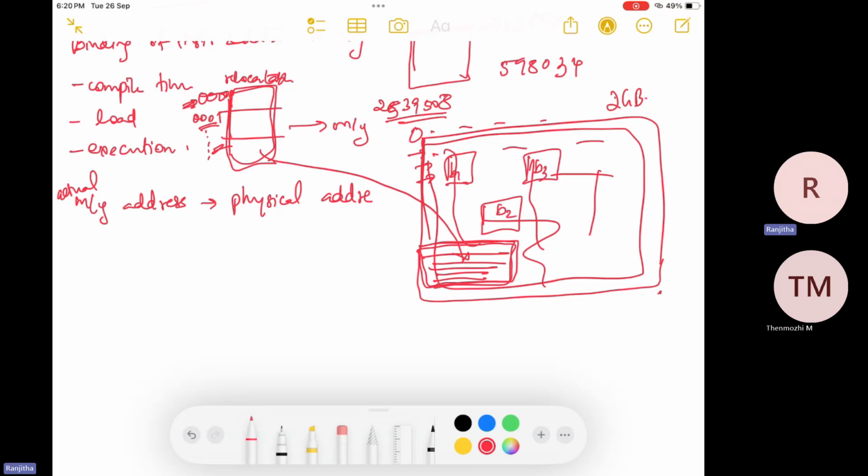Instead of having the whole program loaded onto a continuous memory location, we split the whole program into multiple blocks, put each block into different locations in the memory, and then track where each block is kept. That is non-contiguous memory allocation.